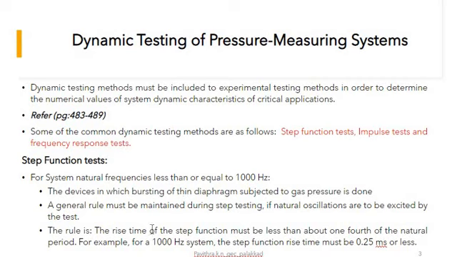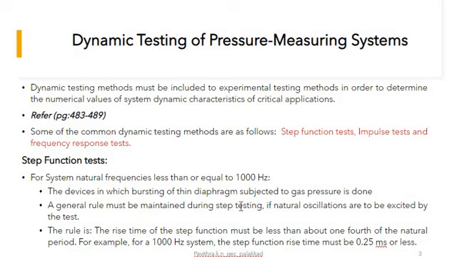That is, the rise time of the step function. In step function test, we will use a step signal. That step signal will have a rise time, an end time, similarly the operation time. The rise time of the step function must be less than about 1/4 of the natural period, for a natural frequency of 1000 Hz or below.